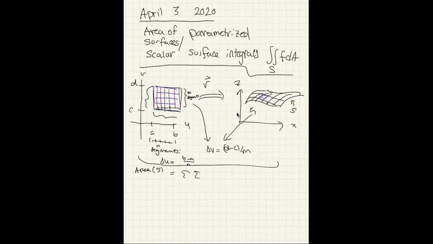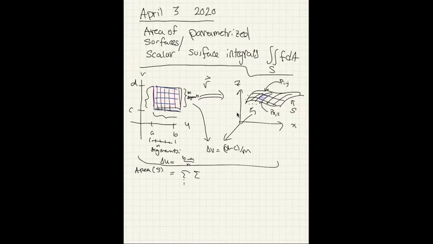So I'm going to call this parallelogram Pij. Think of it as you're going out i in the u steps and j in the v steps. So this might specifically be P3,2. But we're going to add up all those.